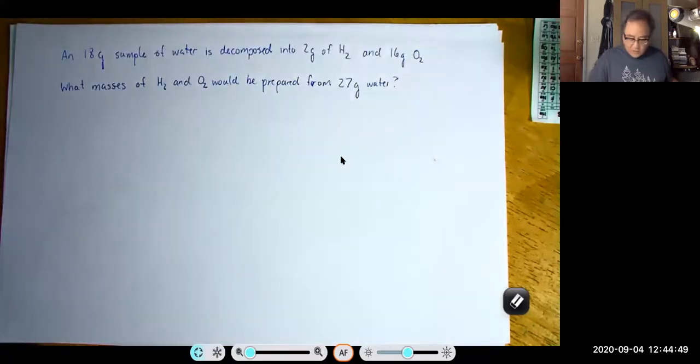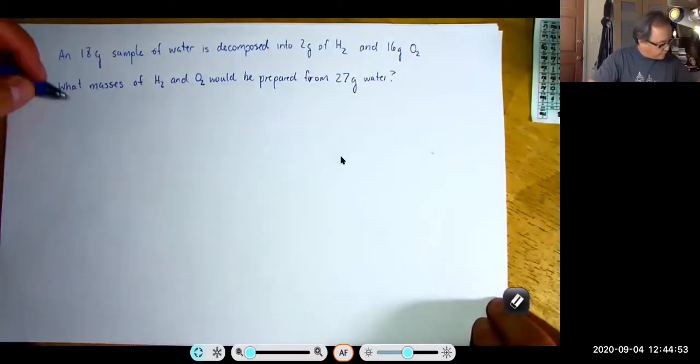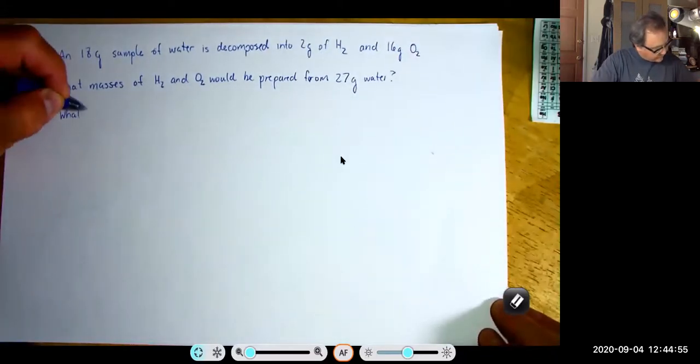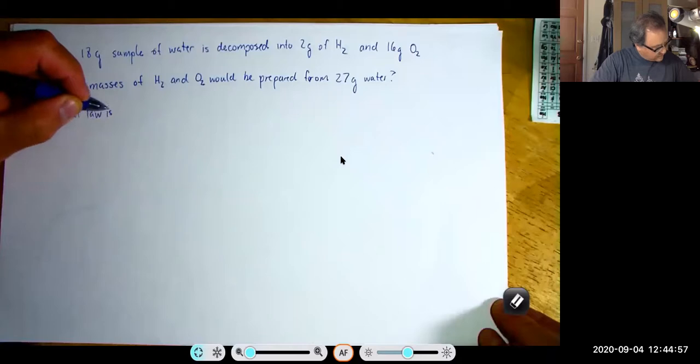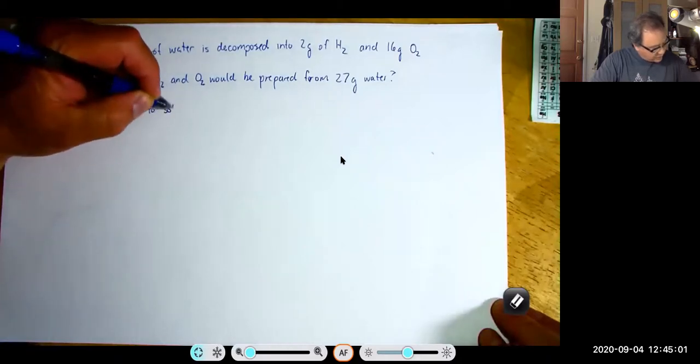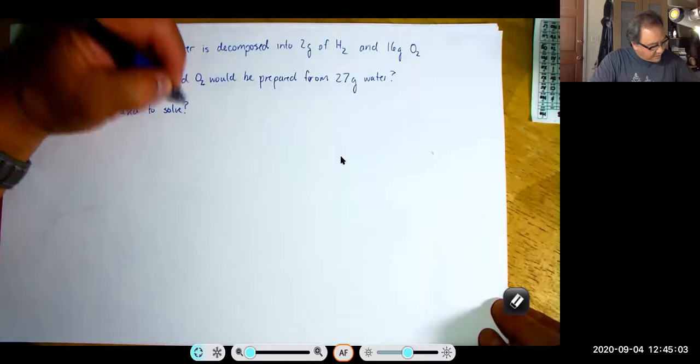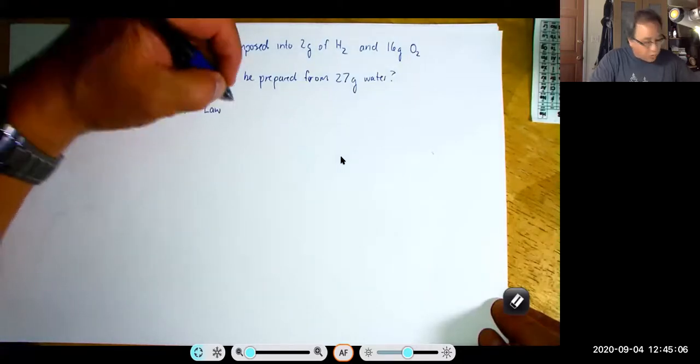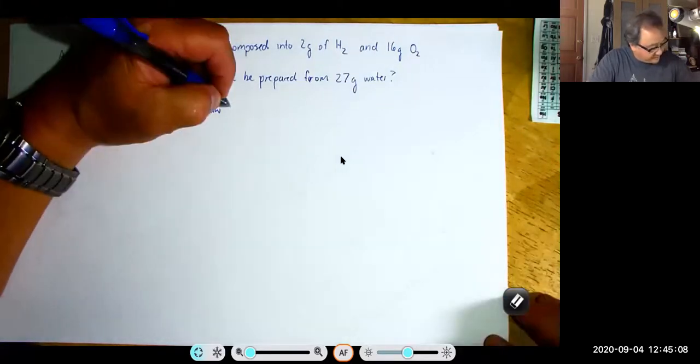Okay. And what law of chemistry is used in solving this problem? So the law will be the law of definite proportions or constant composition.